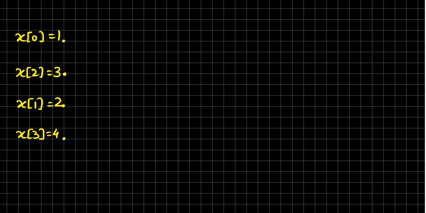And now we need to consider the 2-point DFTs for that. So we need to consider the 2-point DFTs for the first 2 points. That can be found like this.